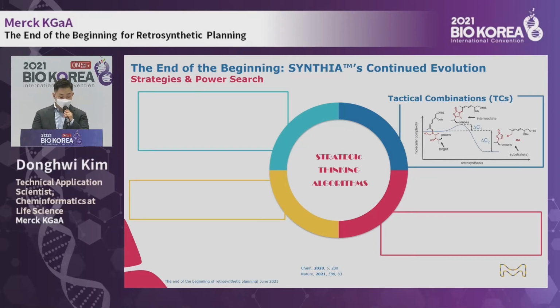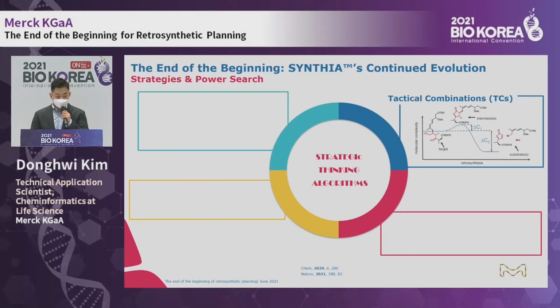Another improvement made was the expansion of a filtering feature called tactical combination. In the synthesis of complex organic molecules, it is often not sufficient to gradually simplify the structure at each synthesis step.